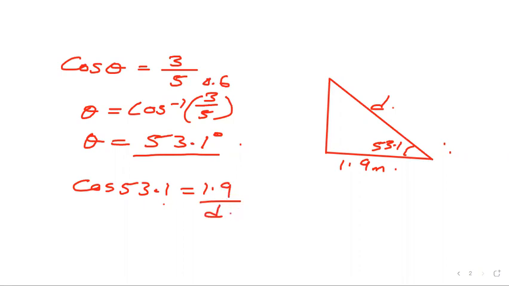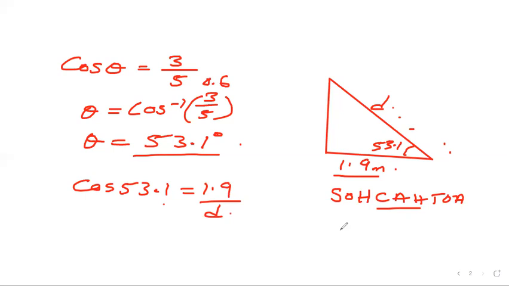Where this is coming from is that, look at this triangle that we have here. We are trying to find the hypotenuse. For us to get the hypotenuse, we resort to SOHCAHTOA. Here we have the adjacent and we want the hypotenuse, so we are using the cosine function.